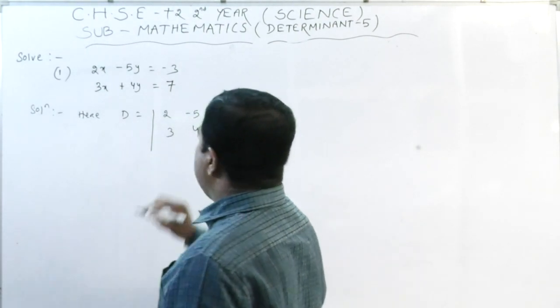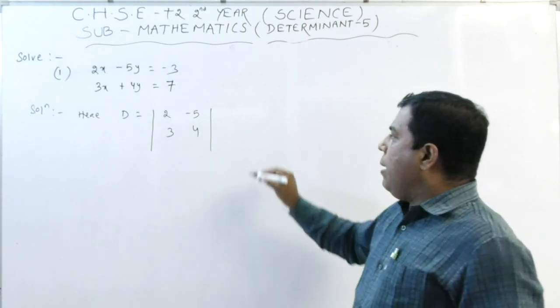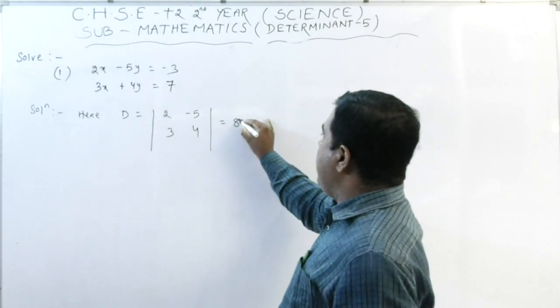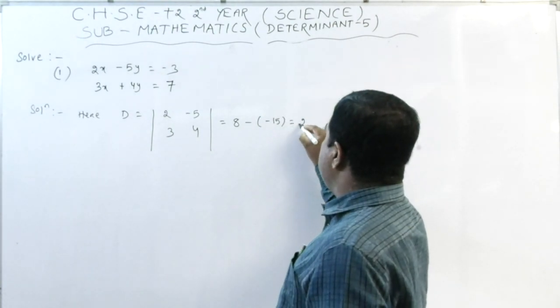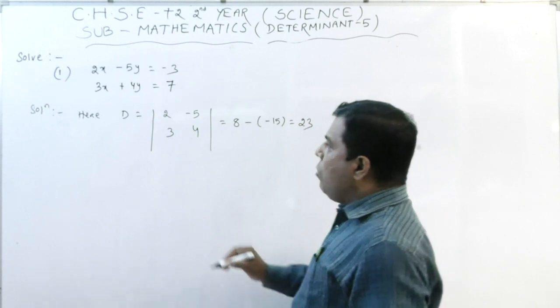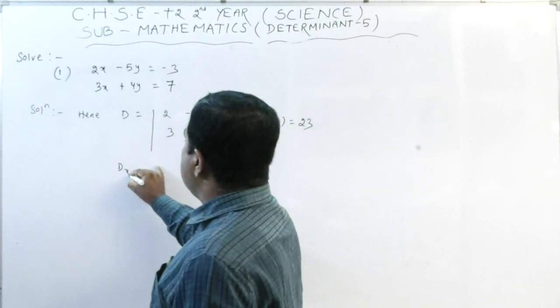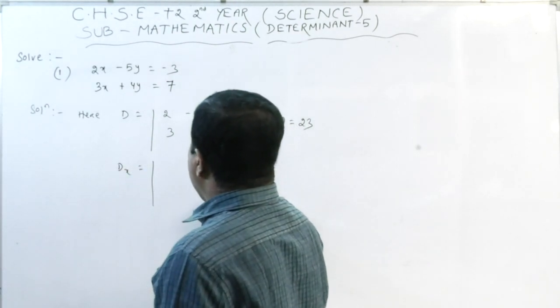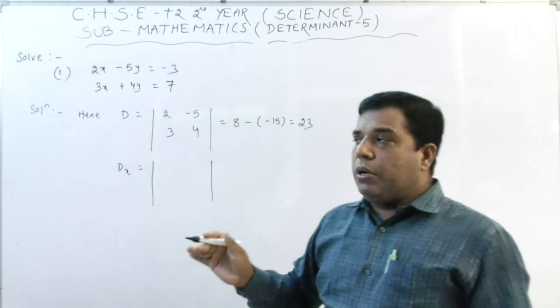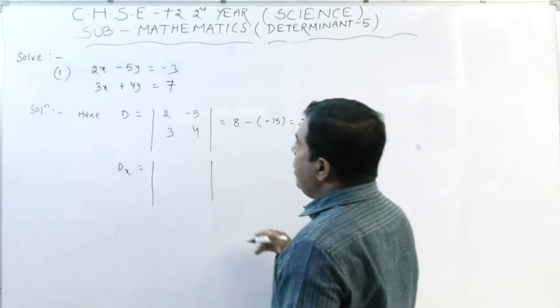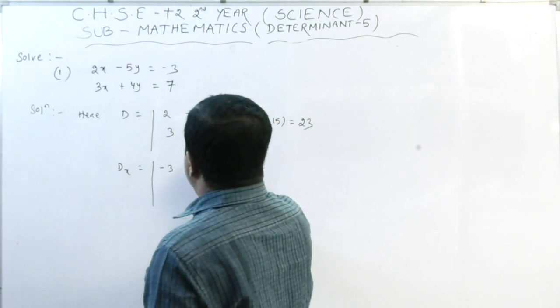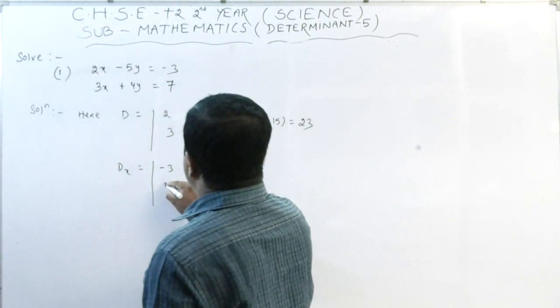Okay, dear students, and you can evaluate it also. It is equal to 8 minus 15, so it is 23. Now you have to find dx. What is our dx? You have to replace the coefficients of x by the right side values, that is minus 3, minus 5 and 7, 4.